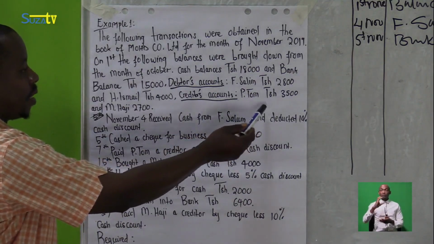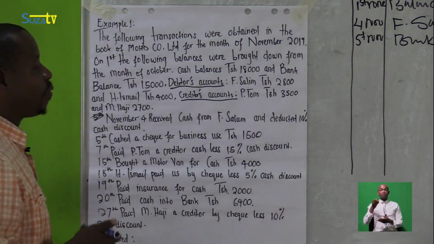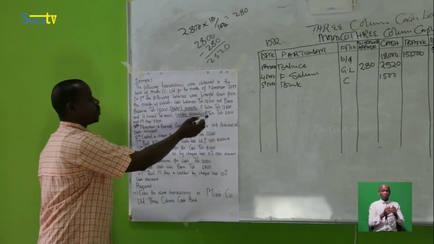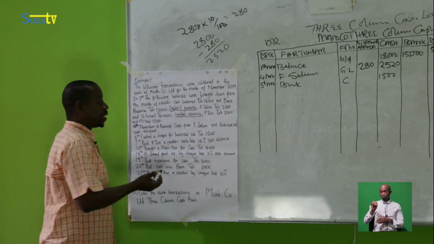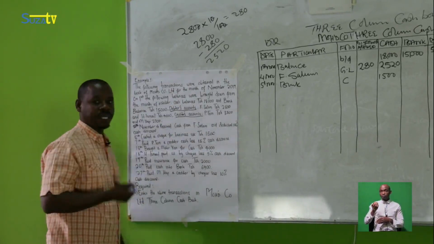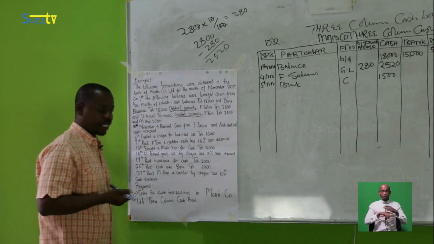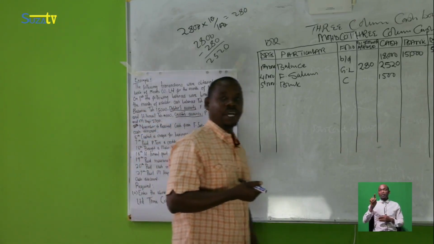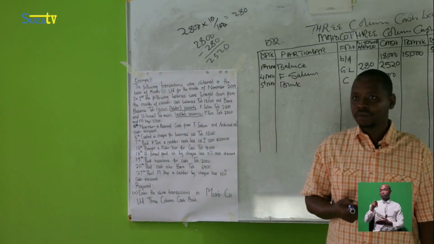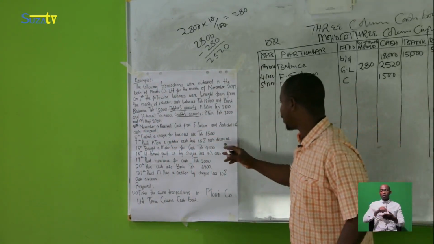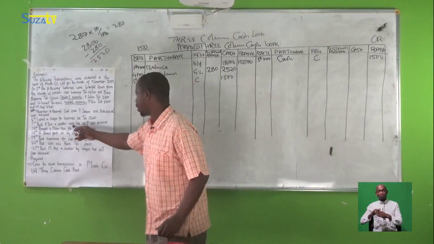It means we purchase goods from a supplier. The supplier is known as P. Tom. The business purchased goods from P. Tom on credit. Now the business has the ability to pay P. Tom. We pay by using cash.